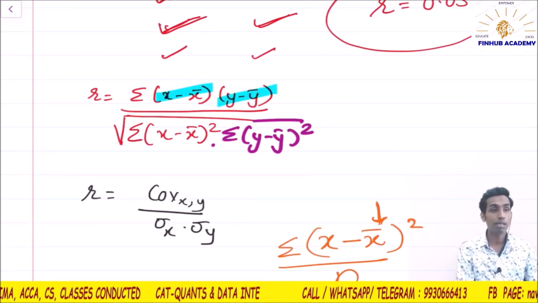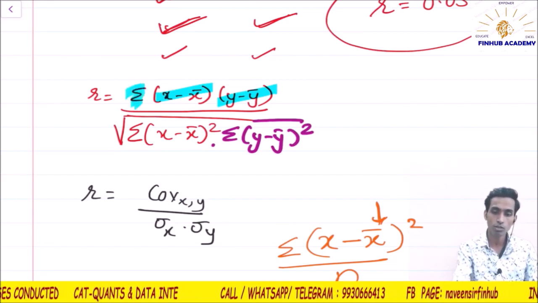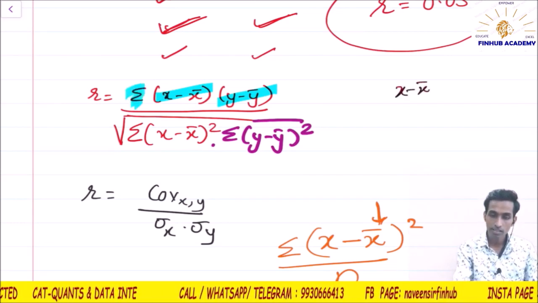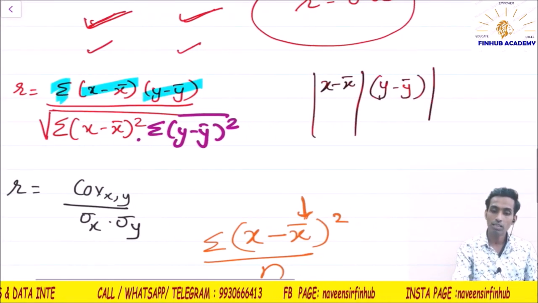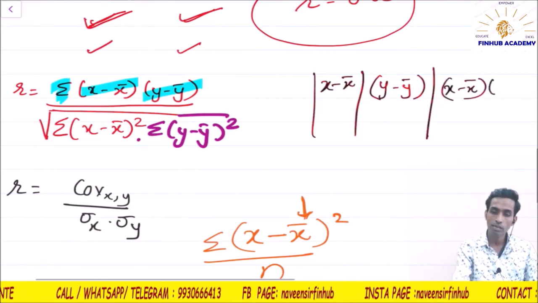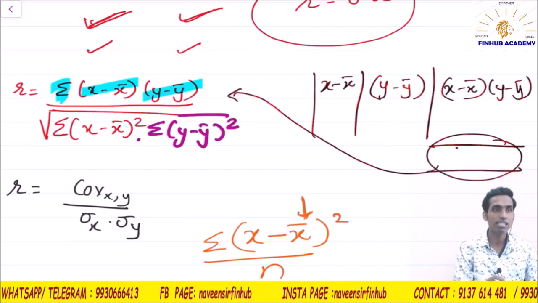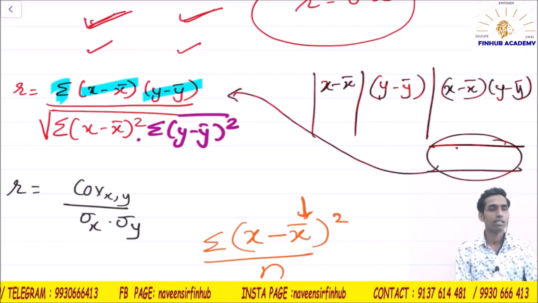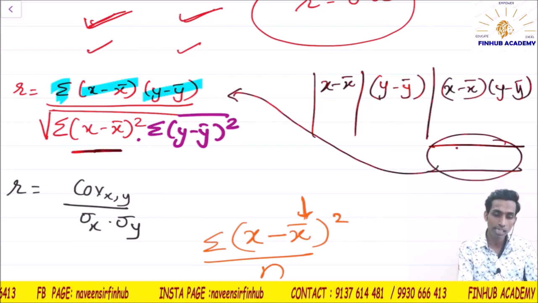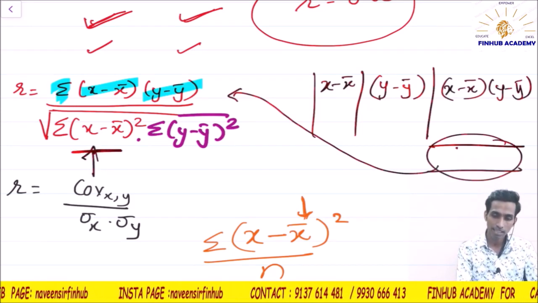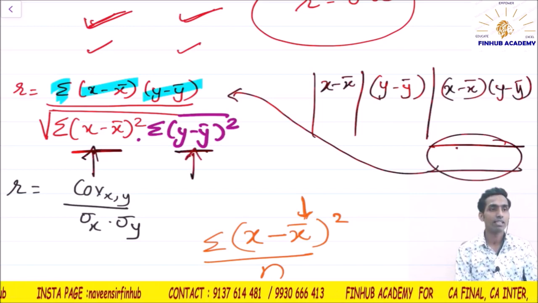Take y minus y bar, make another column, and then multiply them in one more column and take the summation. That total is the numerator. Below, you take (x minus x bar) the whole square and the summation, and (y minus y bar) the whole square and the summation. Correct? You understand?